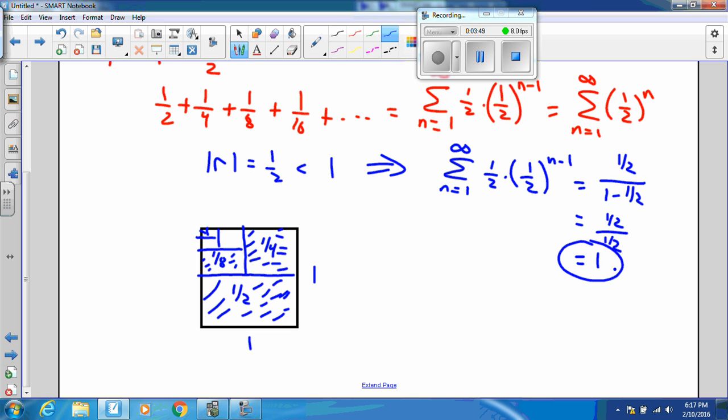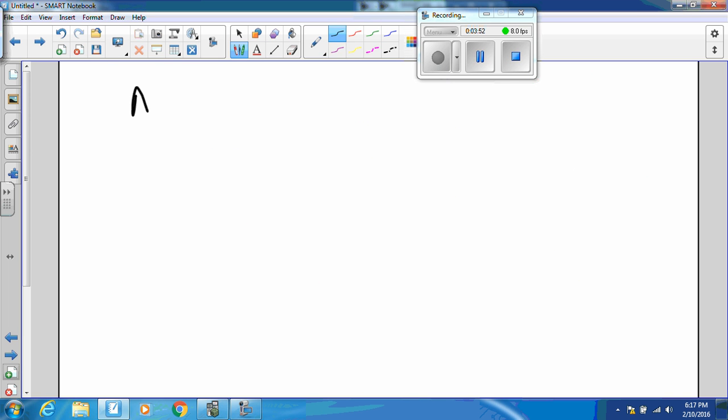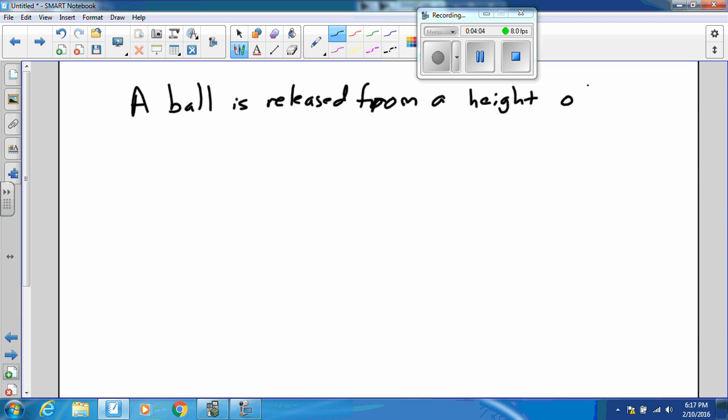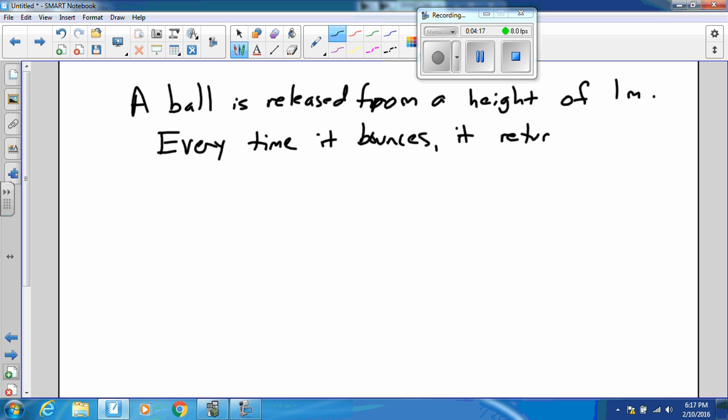Speaking of geometric interpretations, I want to consider a second problem. A ball is released from a height of 1 meter. Every time it bounces, it returns to 1/3 of its original height.